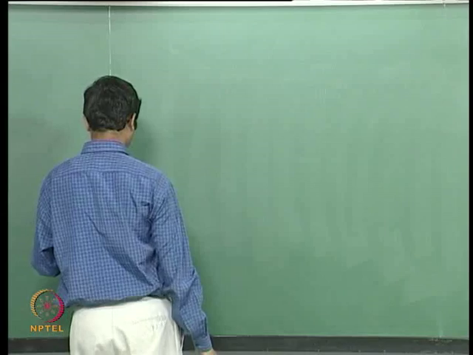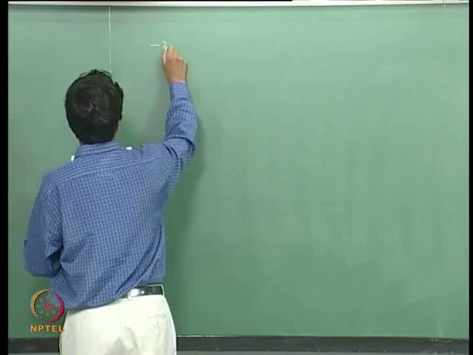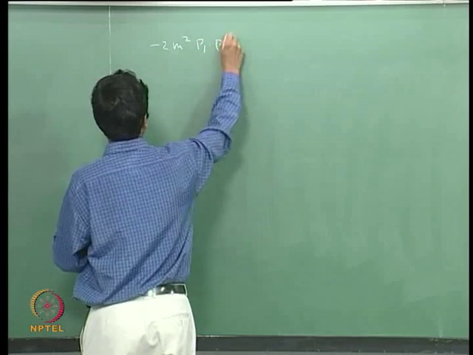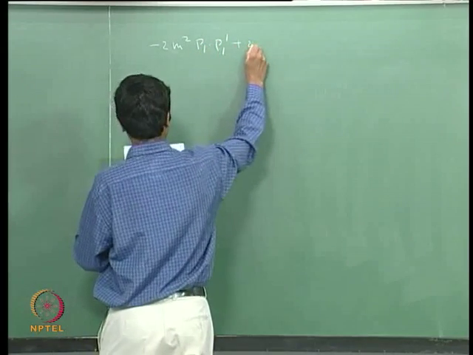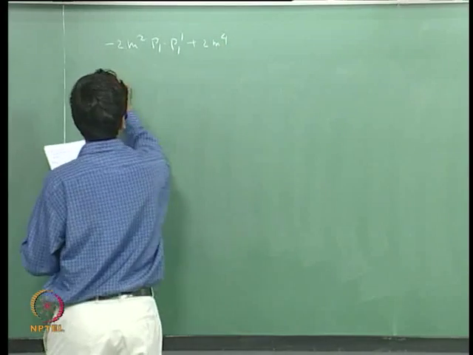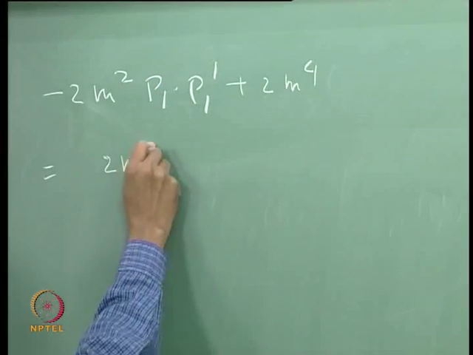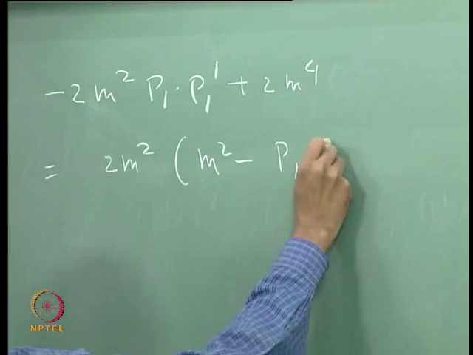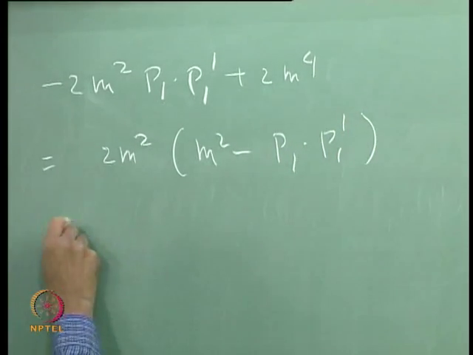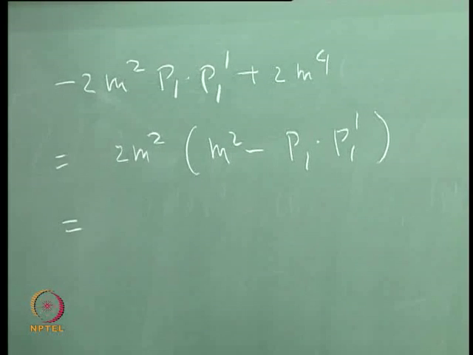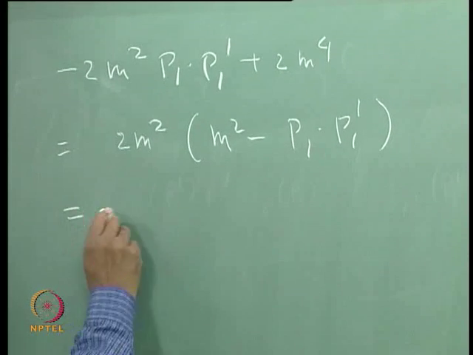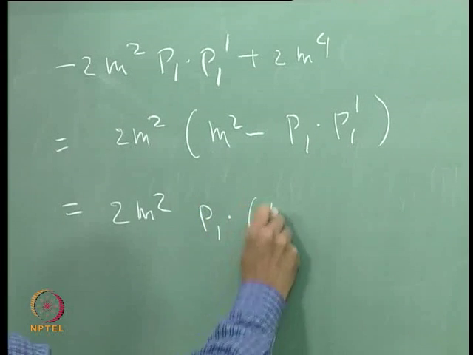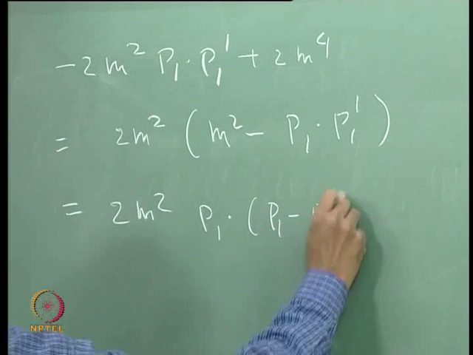So minus twice m square P1 dot P1 prime plus twice m fourth is simply equal to twice m square into m square minus P1 dot P1 prime, and m square I will write as P1 square. Therefore, this is twice m square P1 dot P1 minus P1 prime.